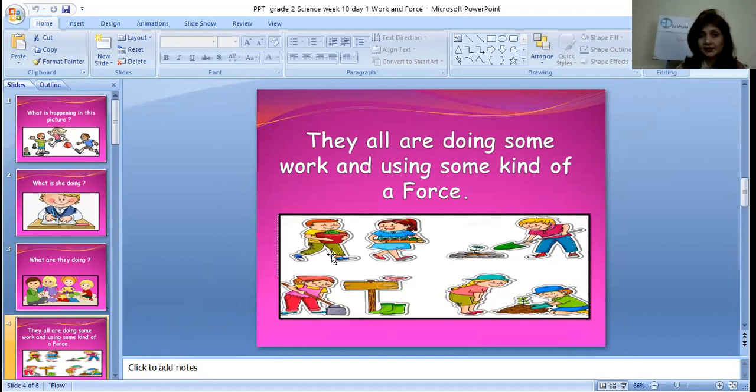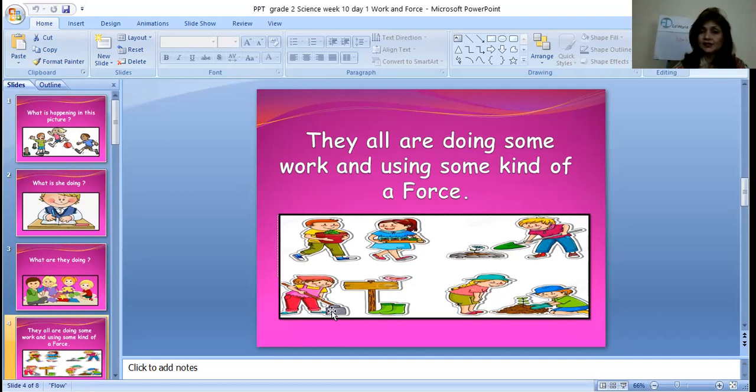Now if you see here, this boy is carrying a flower pot, right? This girl is carrying something in her hand. So both of these are using a force. They are doing some work and using a force. Now this boy is putting soil on this plant. So he is pushing and pulling both, right? Same goes for here.